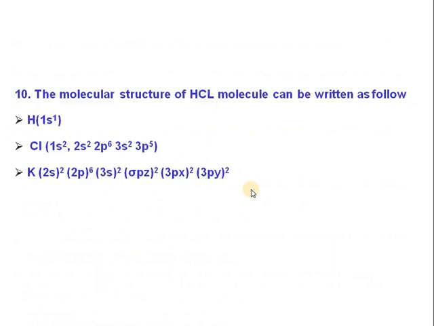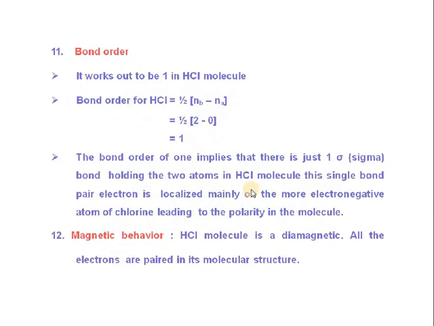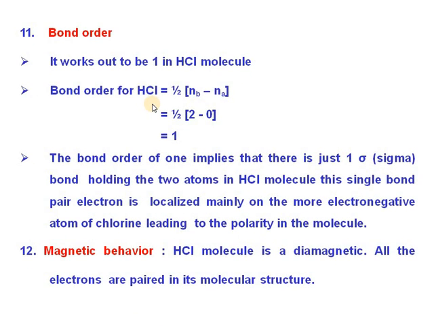Hence, the bond order for hydrogen chloride we can calculate as 2 minus 0, which is equal to 1, and therefore in hydrogen chloride molecules only one bond will be there, which is a sigma bond.